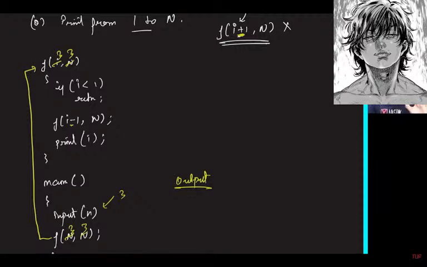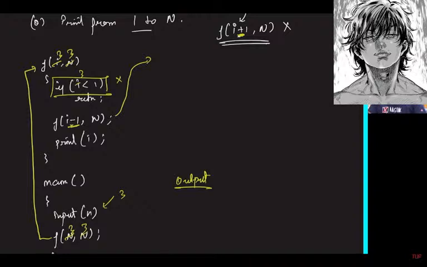Does this line execute, i lesser than 1? No, because i is 3, so it doesn't execute. Next, I'm saying f of i minus 1, so this function call will go. Remember, the print line will not be executed.